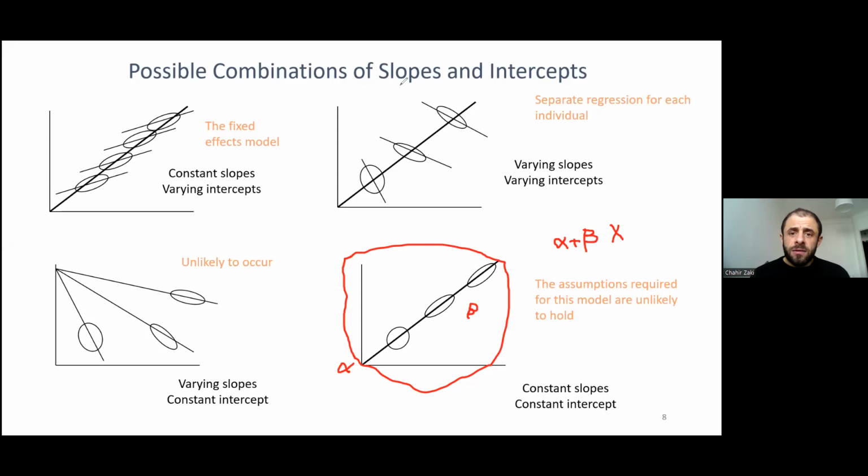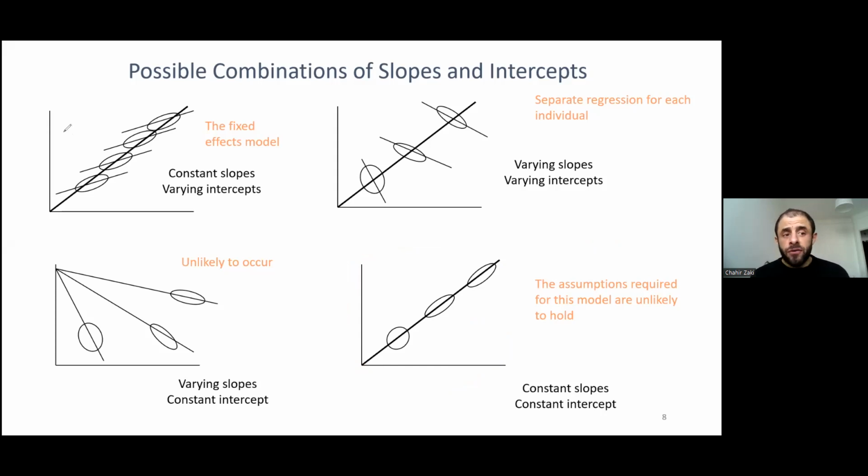And that's the classical case of OLS. So here we have just one slope and a constant intercept for everyone. The second possibility is the case where we have the same slope but different intercepts. So here I have, let's say, an intercept for Lebanon, an intercept for Tunisia, an intercept for Morocco, an intercept for Egypt.